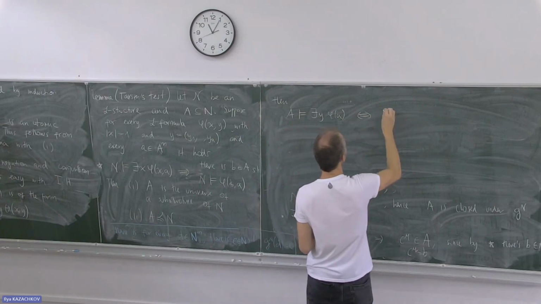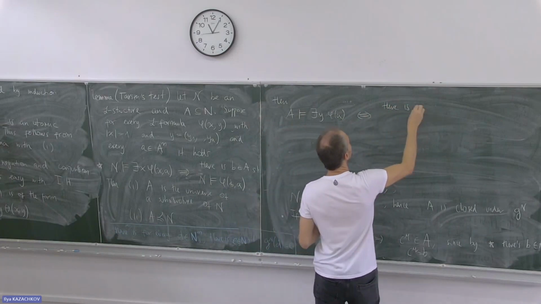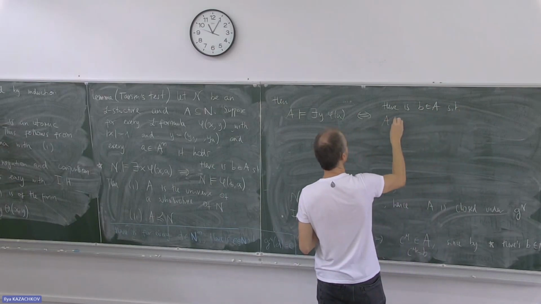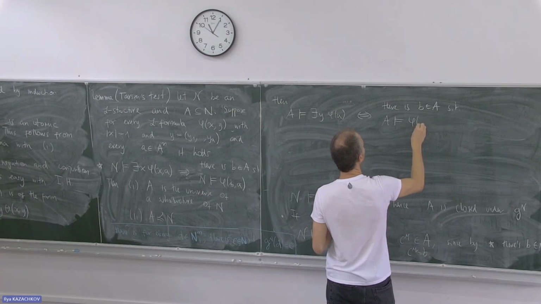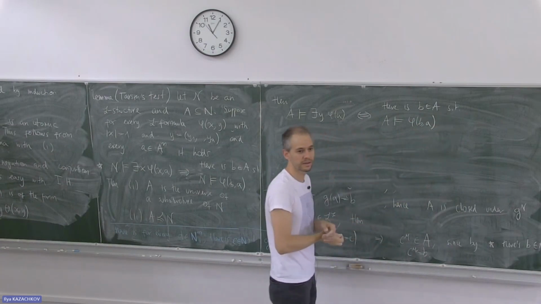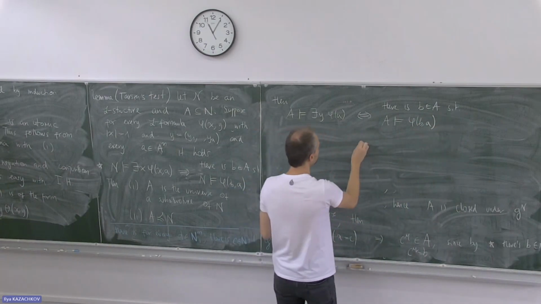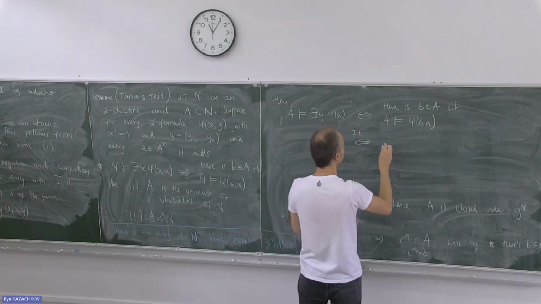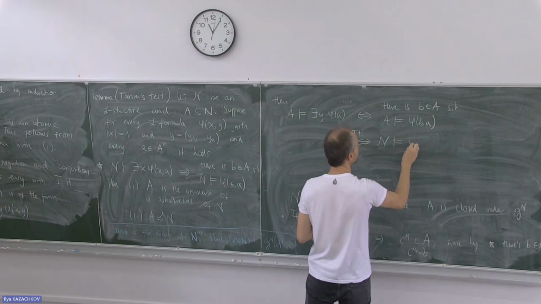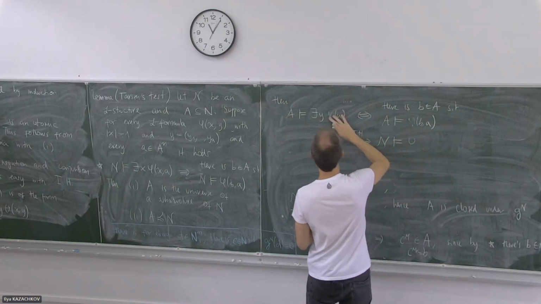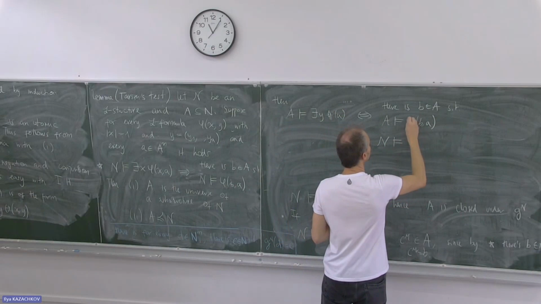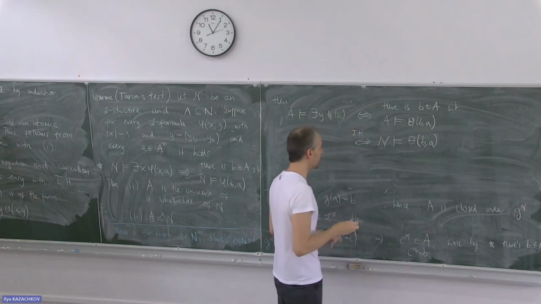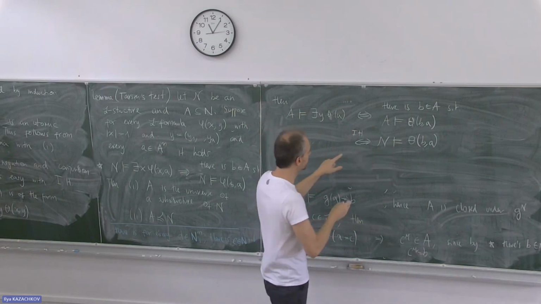This is, if and only if, of course, there is some b in A such that A satisfies theta of b, a. Here I use the induction hypothesis with theta to know that this is the same as N satisfies this formula.